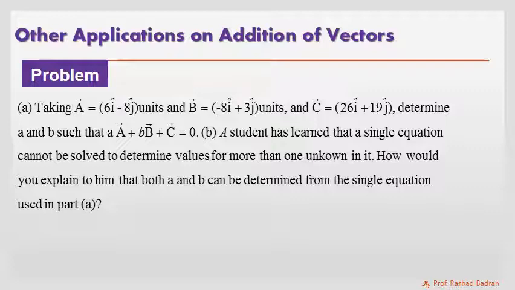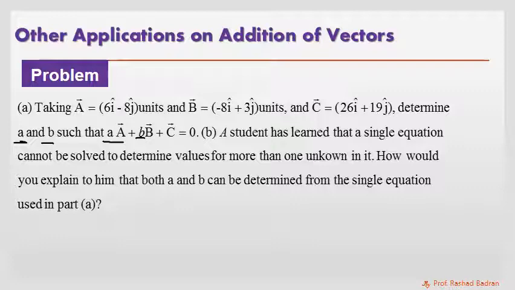You are asked to determine the unknowns small a and small b such that small a times vector A plus small b times vector B plus C equals 0.